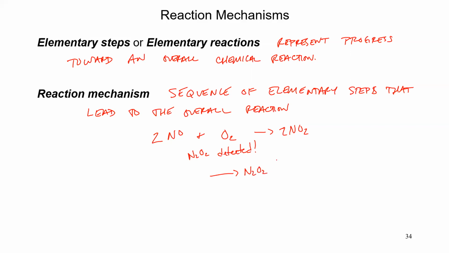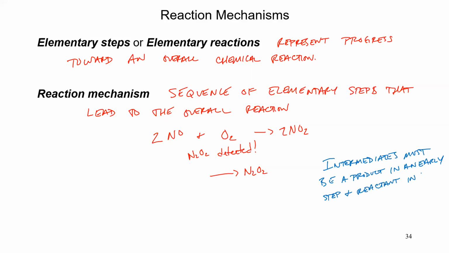So let me change colors and write over here that intermediates must be a product in an early step and a reactant in a later step.